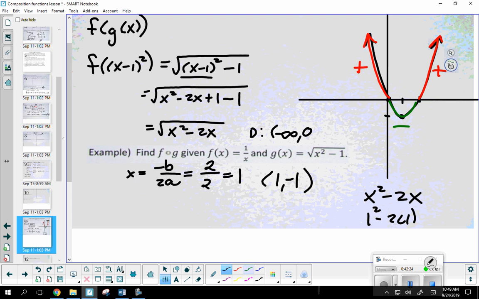To 0. Now, would the 0 be included or no? The square root of 0 is 0, right? So it's okay. Union, to infinity, and that one also gets a bracket, for the same reason we can include the 0.